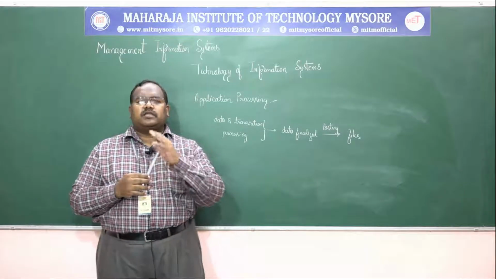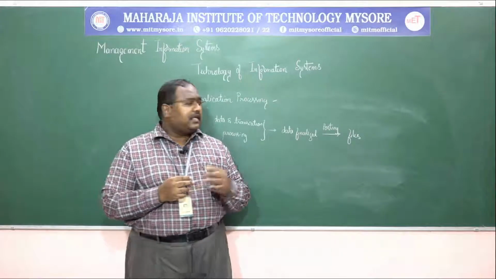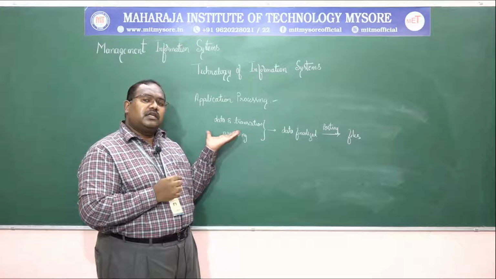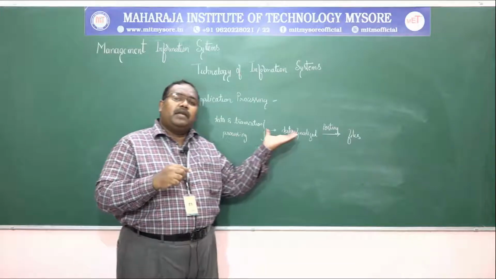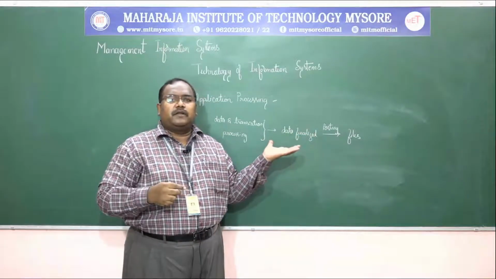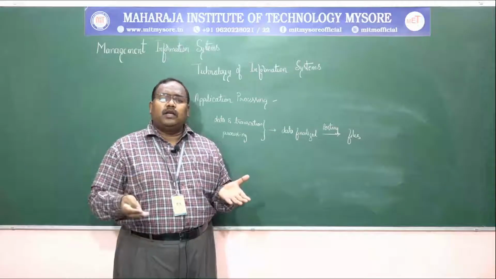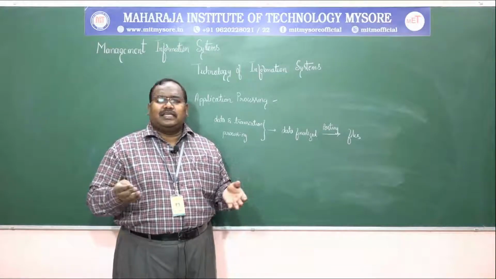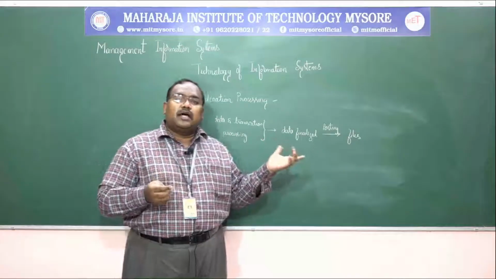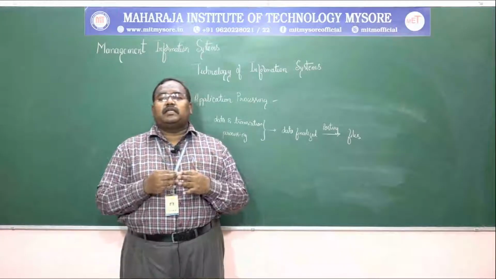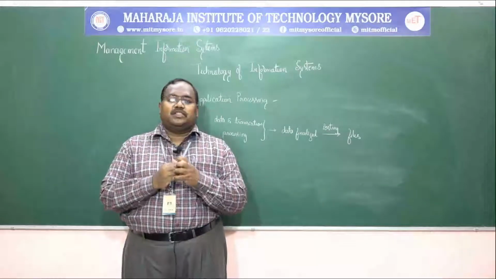This application processing is designed to process more than one type of transaction. Means here, in application processing, we are not restricting ourselves to only one kind of transaction. It is applicable to different types of transactions, because there might be different kinds of applications: inventory application, payroll application, stock application, etc. So a single transaction would support various applications that bring out the specific business result in one or more business functions.